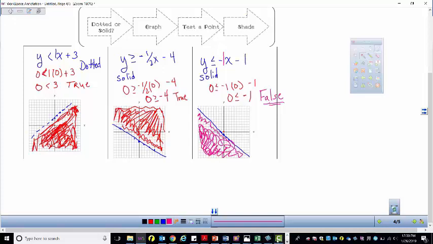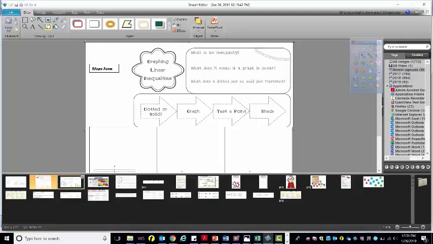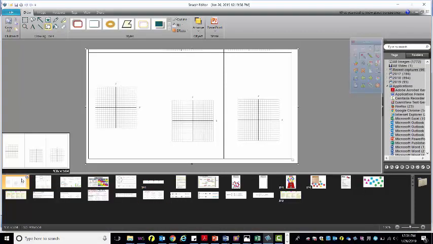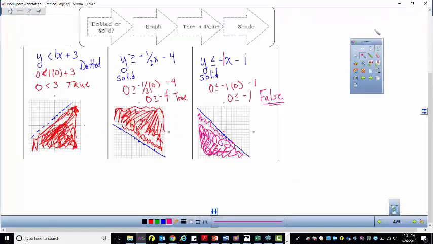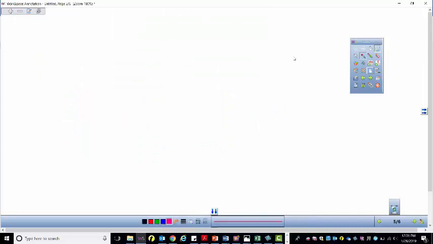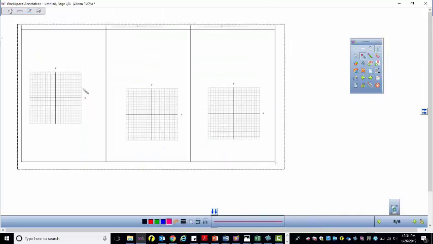Okay, so now we're going to try a couple more. I just have to get the picture of them on the screen. All right, so let's try y is greater than 2x plus 1.